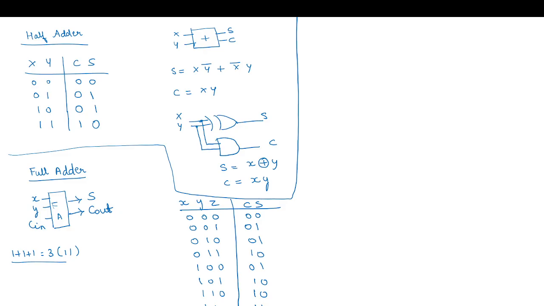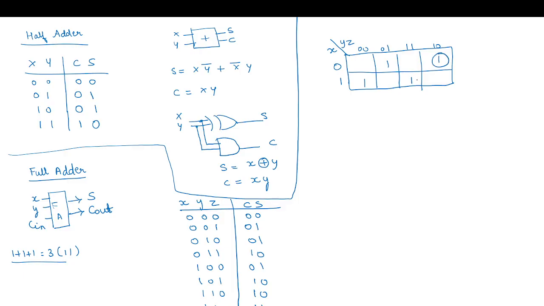So now what is the expression? To obtain the expression, we can use the K-map for simplification. So it's a 3-variable K-map. And for the sum expression, there is no group. So sum is x bar y bar z plus x bar y z bar plus x y bar z bar plus x y z.